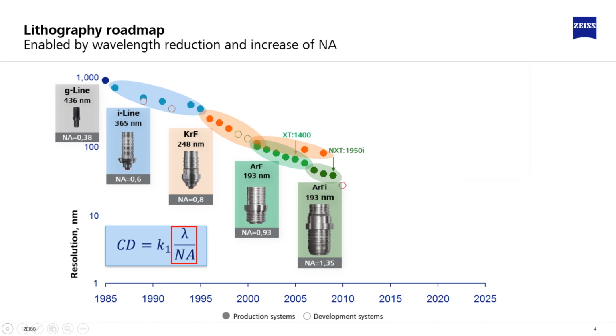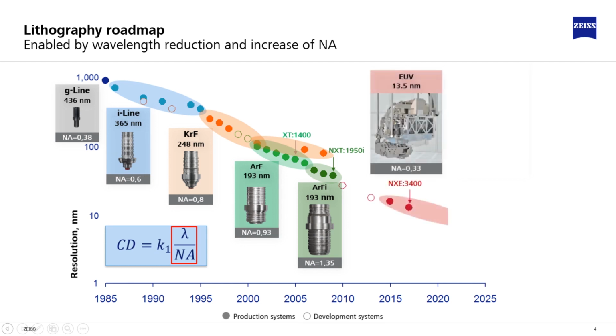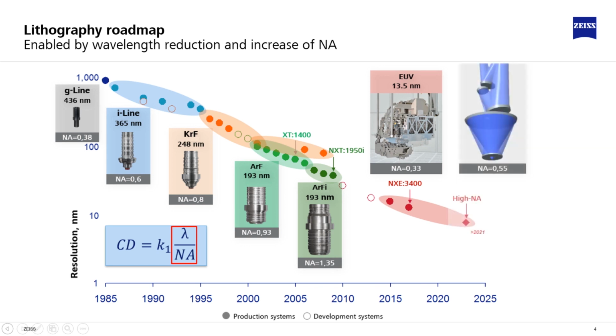Around 2006, the transition to immersion optics can be seen. From 2012 on, EUV lithography continues improving the resolution with the product NXE 3400. The 3400 optics features an NA of 0.33 and is the current solution for high volume manufacturing. The high NA optics will have an NA of 0.55 and is planned to be shipped around 2023.